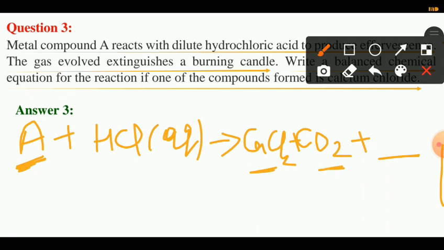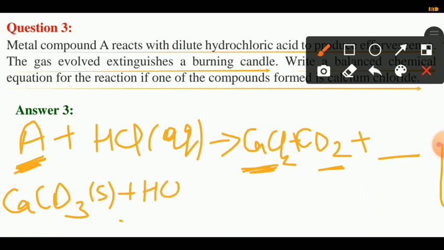So here if A is the metal carbonate and the metal should be calcium, because here the salt produced is calcium chloride, so the compound should be calcium carbonate, CaCO3. That is in the solid form. It reacts with the HCl in aqueous form.